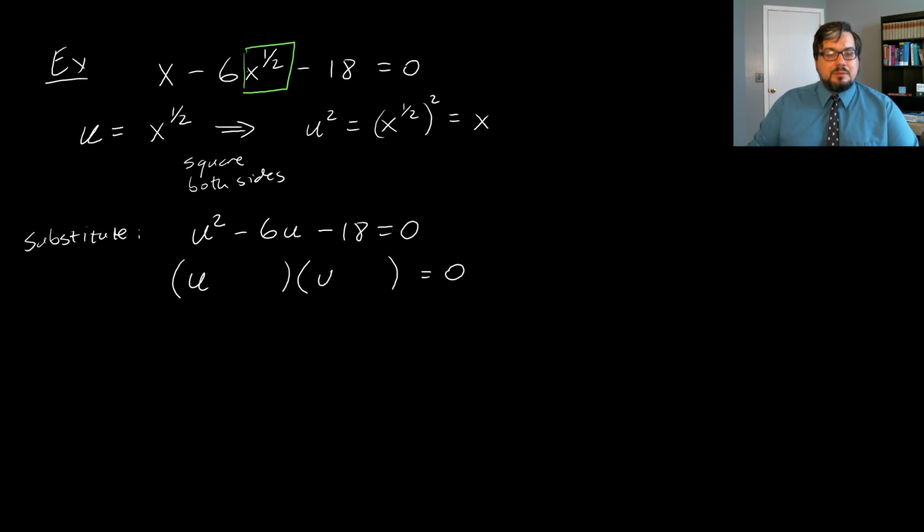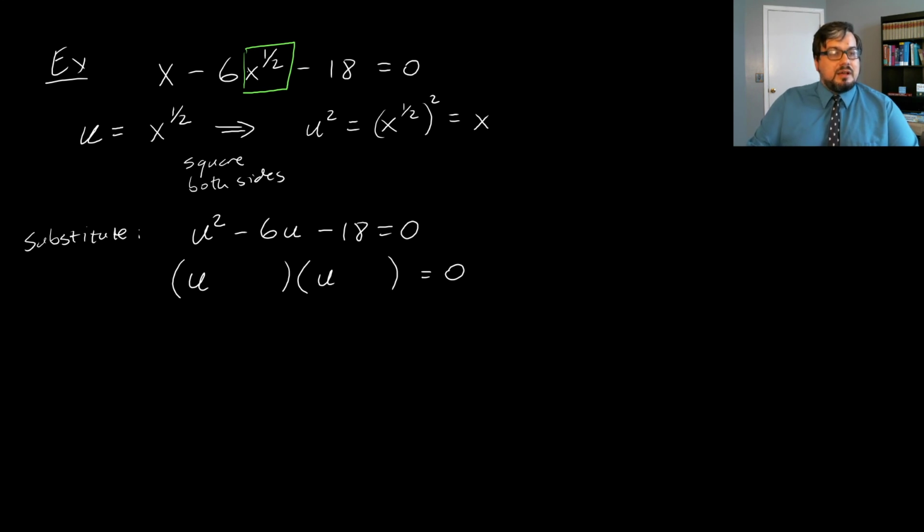So we need two numbers that multiply to equal negative 18 and add to equal 6. Let's see. 6 and 3 don't quite do it. 9 and 2, I think, were what I was thinking of when I prepared this.